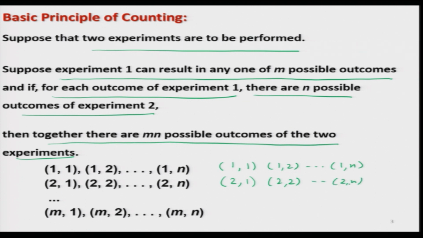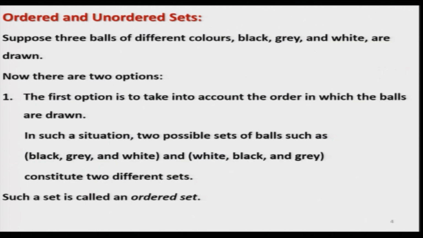If you continue here, finally you will have the mth possible outcome of experiment 1, and that can happen in n number of ways: 1, 2, up to n. So, the total number of events which can happen is m into n. There are mn ways in which the experiment can be conducted, or the outcomes of the experiments can be recorded. That is a very simple rule that you have learnt earlier.